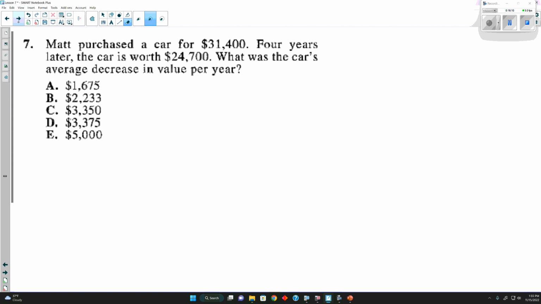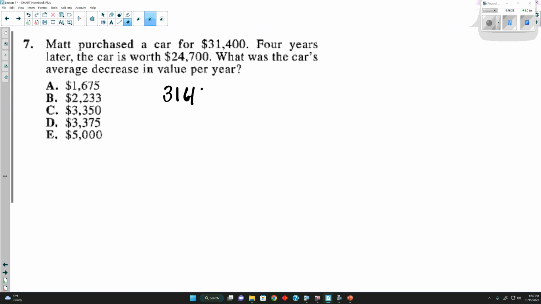Question 7. Matt purchased a car for $31,400. 4 years later, the car is worth $24,700. What is the car's average decrease per year? So how much did it decrease?